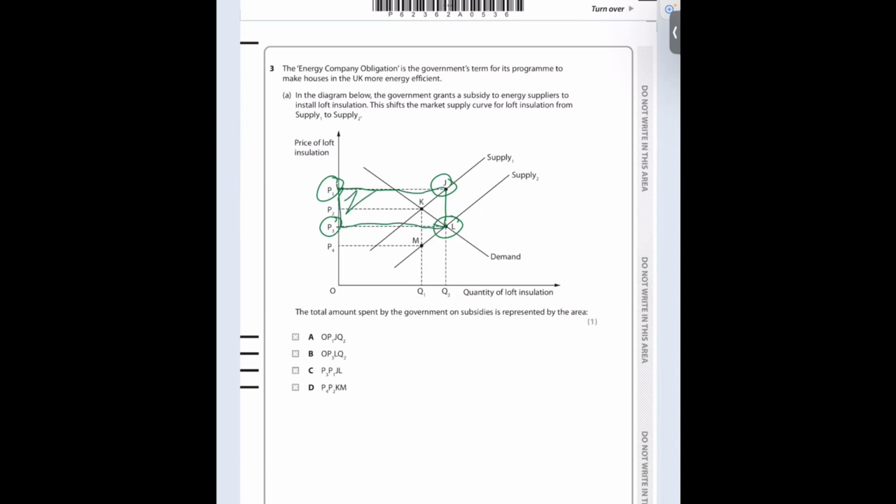This is the only correct answer, because if we look at D, D is P4, P2, K, and M. Well, that does not represent the amount spent on the subsidy. In fact, that represents the total amount that is received by the producer from the subsidy. So the amount spent by the government is represented by P3, P1, J, L, C.